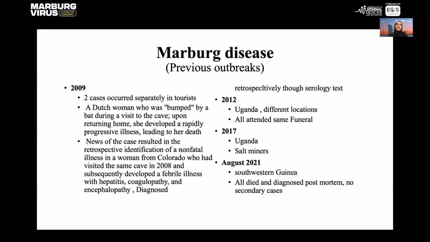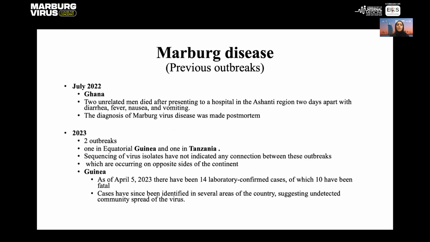And then from 2009 until 2017, mainly the outbreaks were in Uganda. And after that, other African countries started to show some spillovers, such as southwestern Guinea. And in that outbreak in 2021, all died.